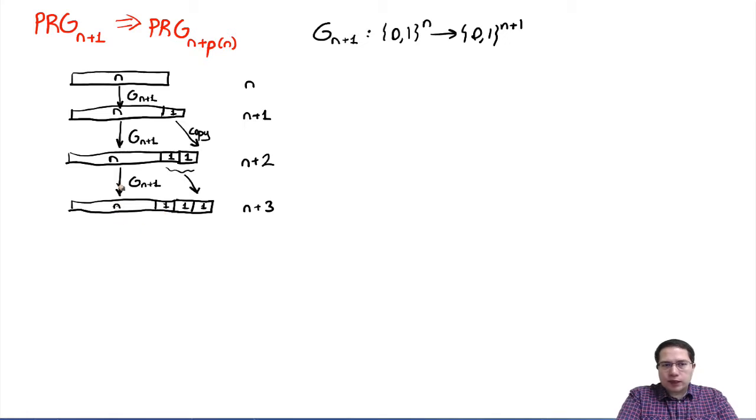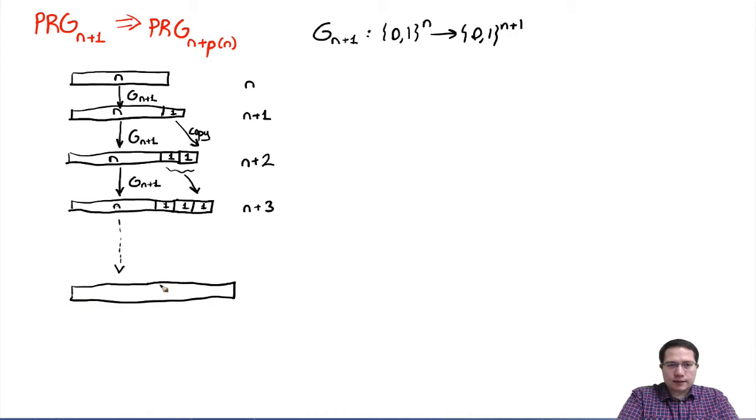If I continue running G_{n+1} on the first n bits of this value, eventually, if I run this in total p(n) many times, I will obtain n plus p(n) bits at the end.